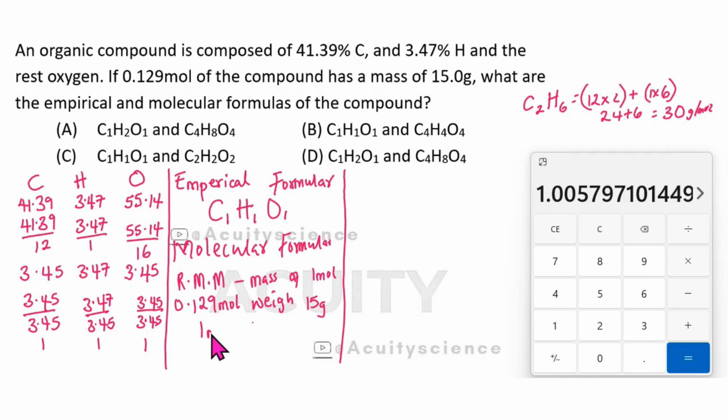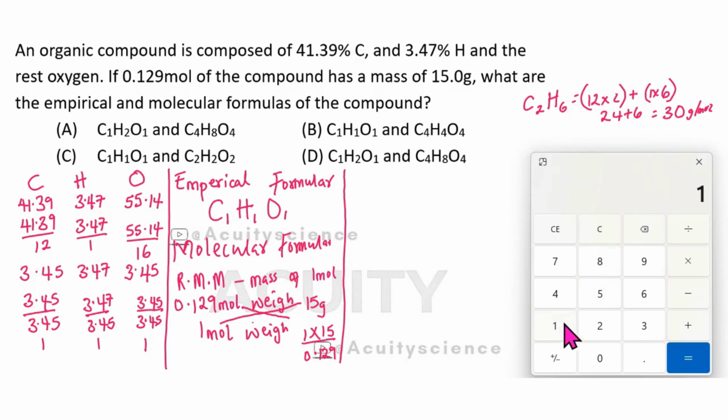So 1 mole will weigh, cross multiply, 1 times 15, which is 15, divided by 0.129. All right, let's do that. 15 divided by 0.129.